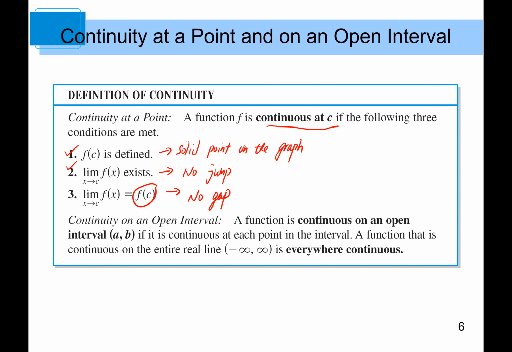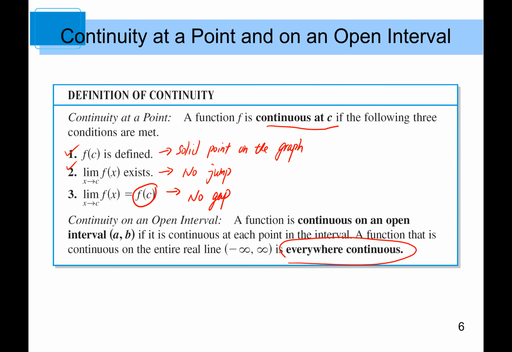So, continuity on an open interval. A function is continuous on an open interval (a, b) if it is continuous at each point in the interval. A function that is continuous on the entire real line, negative infinity to infinity, is continuous everywhere.